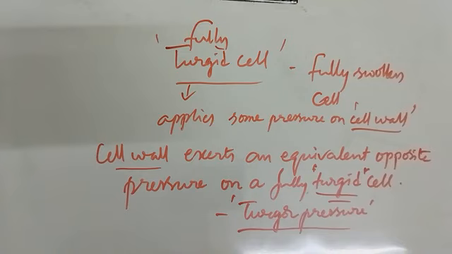Will the animal cell not burst? Definitely not. It is going to burst. Why? Because there is no cell wall surrounding the plasma membrane of the animal cell. So the animal cell will get over-swollen and then burst. That problem is not there with plant, fungal and bacterial cells.